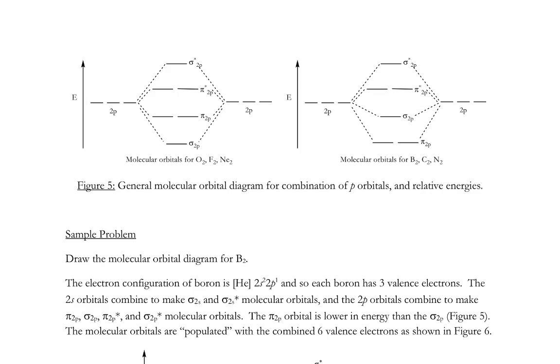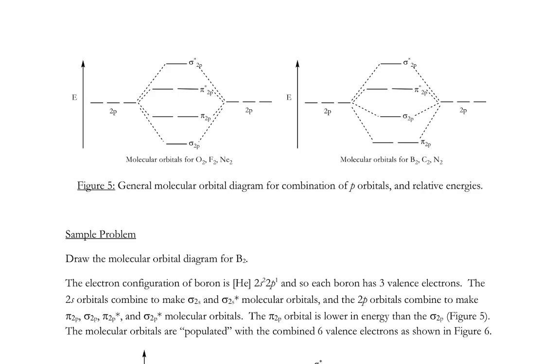It looks like that. We have lowest energy, sigma 2p, next in energy, 2 pi 2p, next 2 pi 2p star, and then lastly 1 sigma 2p star MO.